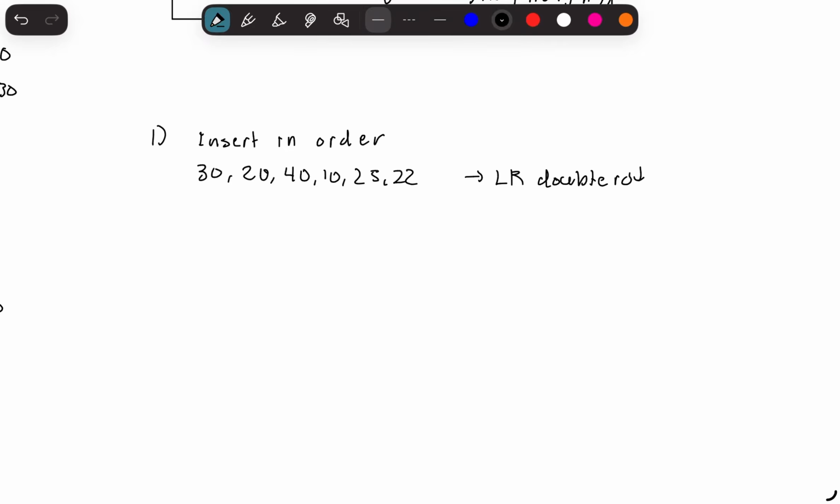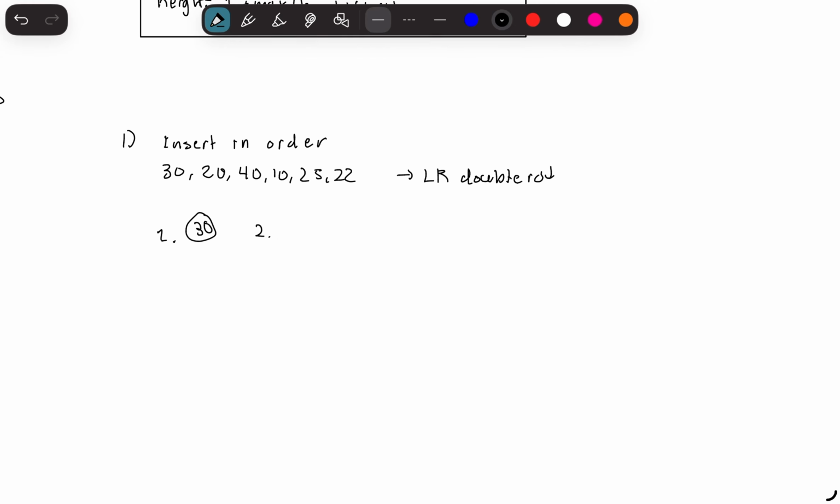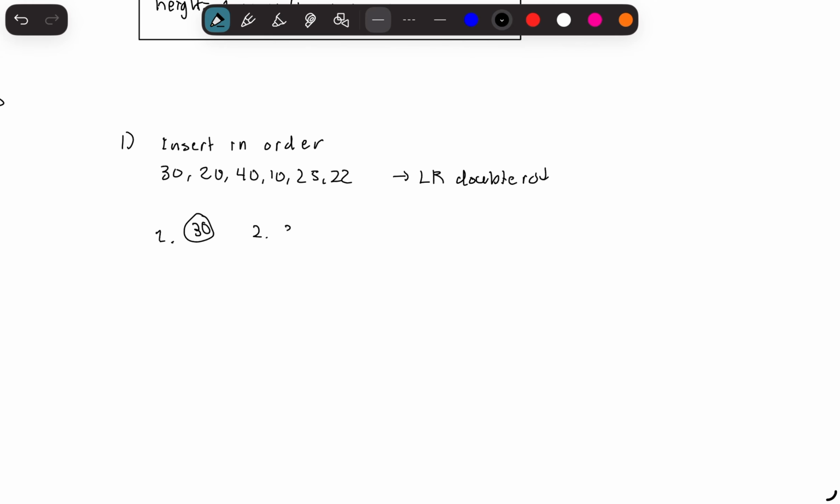Okay, so first you're going to insert 30 here. Now you're going to have to insert 20, so you have 30, 20. Now let's compute the heights. Your height is going to equal 0, your height is equal to 1. So your BF here, balance factor here, is 0 minus -1 equal to 0.